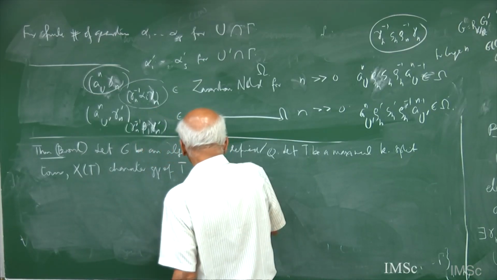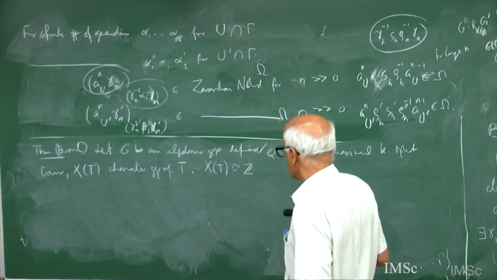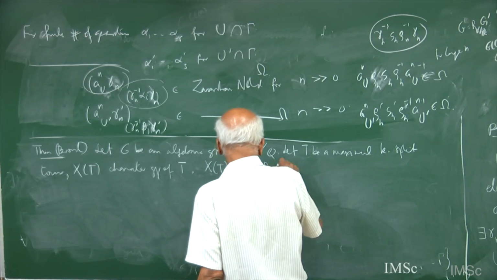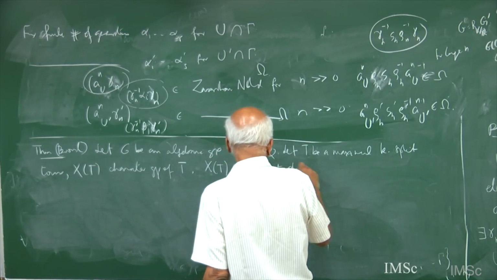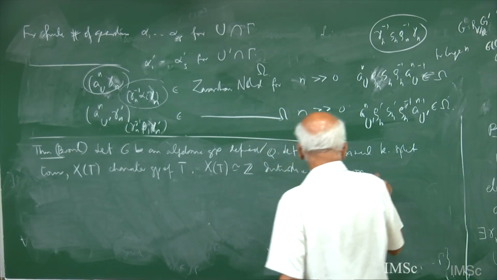Then X(T) one knows is isomorphic to Z^L, and introduce an order on X(T).